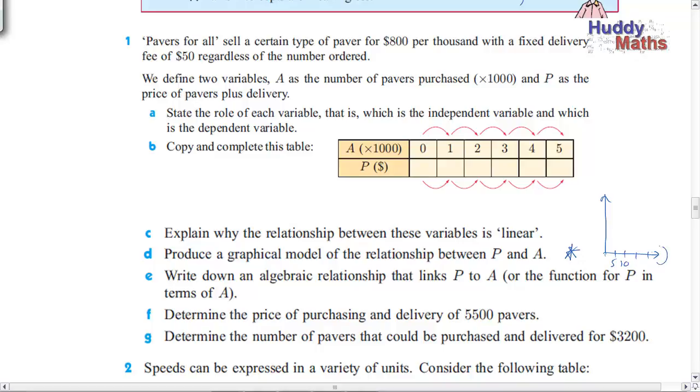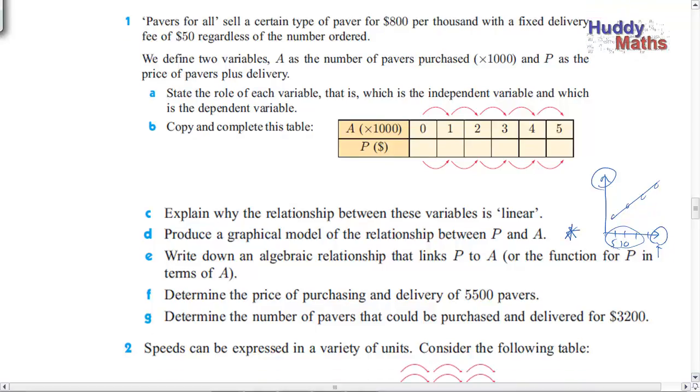You must label the axes in the context of the model, and all of that is just worth 1 mark. Then you've got to plot it correctly and talk about any features. So you must be very accurate with your graphical model here, labelling axes and the scale and plotting accurately. Okay, that's important. All right, so have a go at that one and have a look at the answer in a minute.